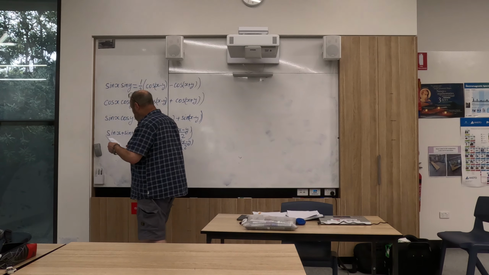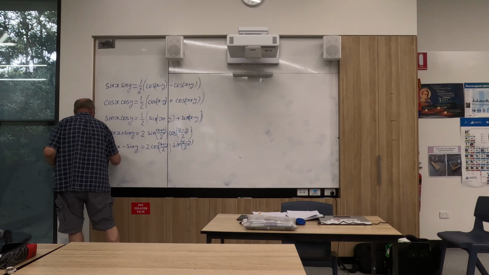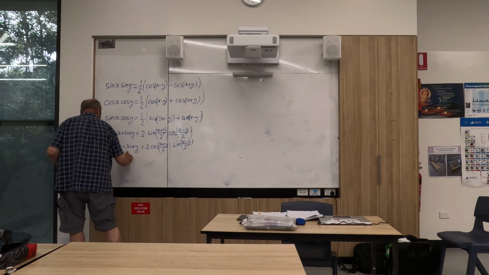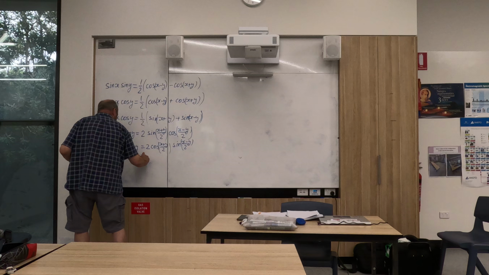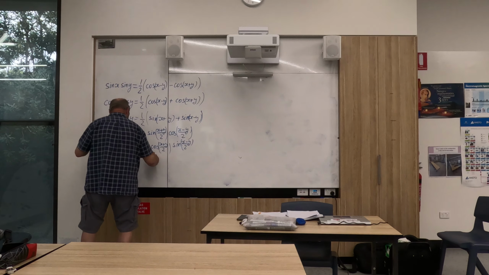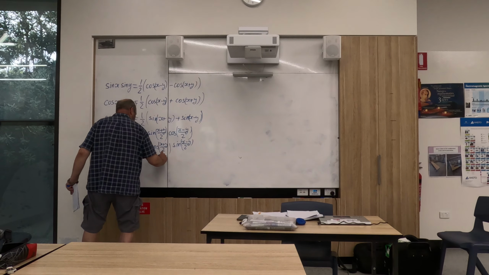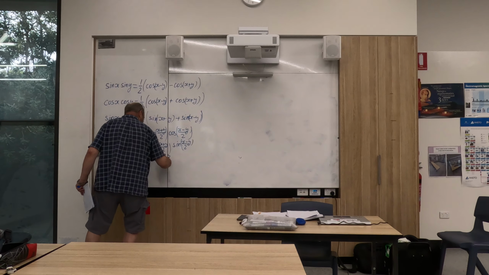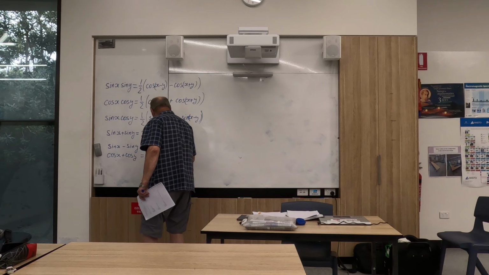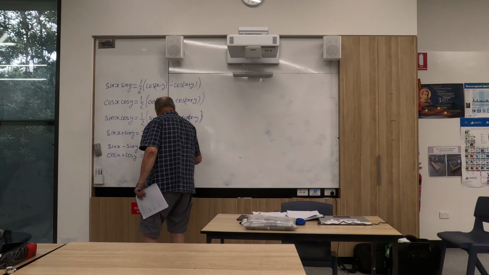If we have cos x plus cos y, it will be equal to 2 times cos x plus y on 2 times cos x minus y on 2.